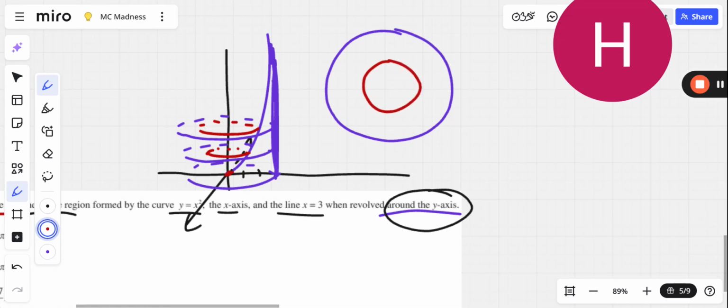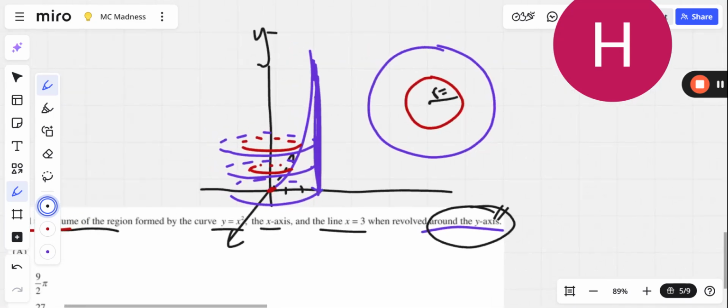Remember that finding areas, rather volumes, in calculus, it all comes down to being able to represent the area of the cross-section slices. So here in this case, we have a center point at the rotational axis, that's the y-axis. And then we have this little radius, which represents the closer curve. That comes from y equals x squared. But since we're integrating with respect to y, we need to change this to say x equals plus or minus square root of y.